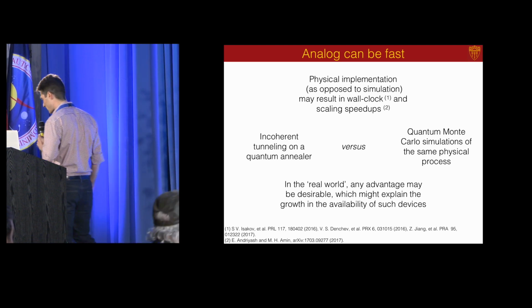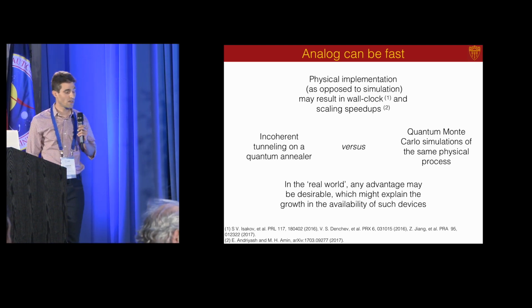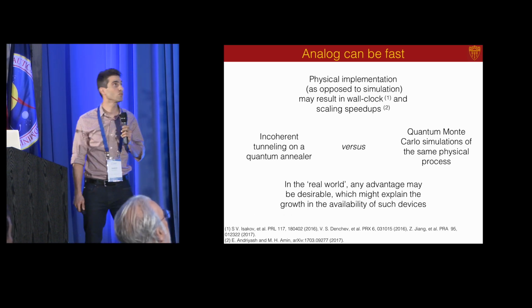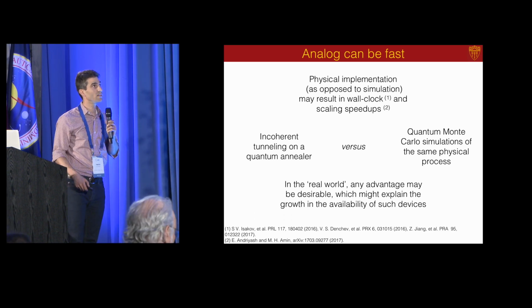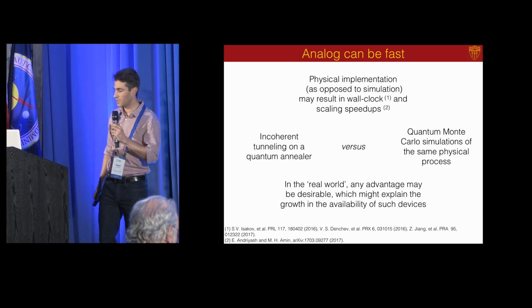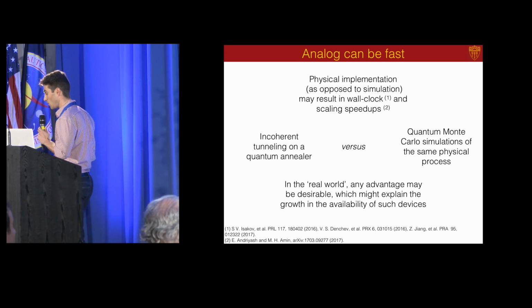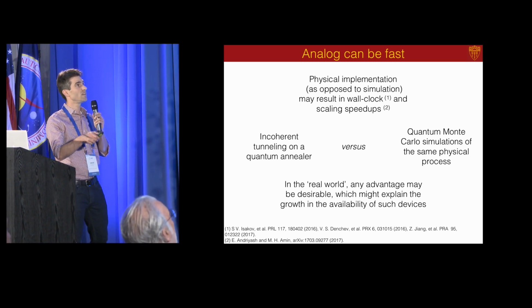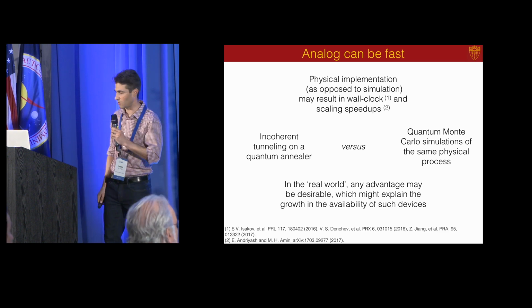The example that I like to think of is the work that was done by the Google and NASA groups, where they showed that incoherent tunneling on a physical quantum annealer could give you a wall clock time advantage over, if you like, simulating that tunneling using quantum Monte Carlo.